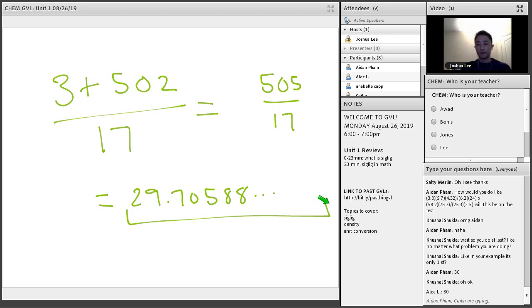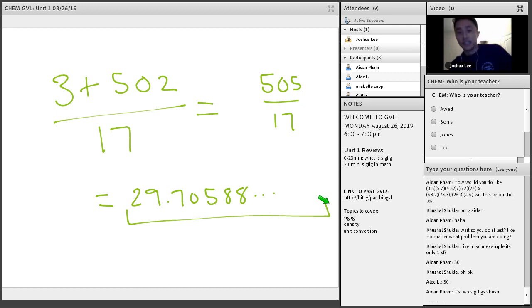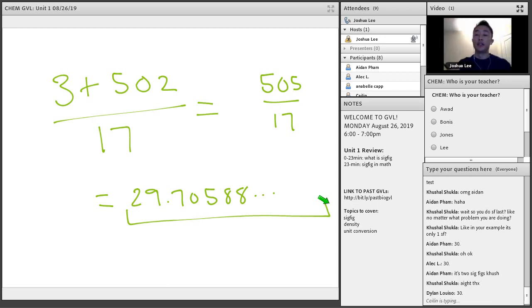All right, let's talk about it. Typically this is how I go about figuring out the answer based on my sig figs. I work backwards. Once I do all the math normally, it's 29.70588 dot dot dot. Then I think back, okay, in order to get this number right here, I came directly from this number right here.